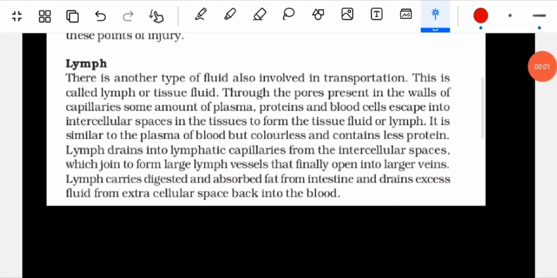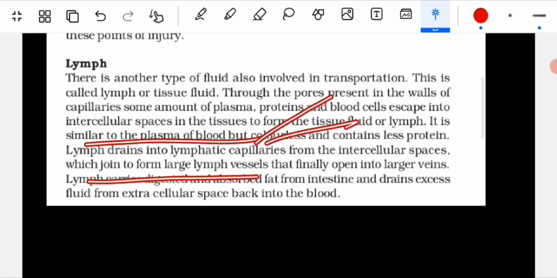This is the last topic in transportation in human beings. On one hand we have blood and on the other hand we have lymph. Lymph is another type of fluid in transportation, and it has another name, tissue fluid. Why is it called tissue fluid? If this is an artery, arteries are divided into small capillaries.